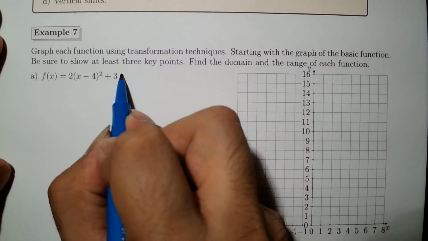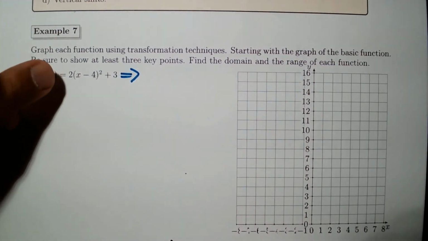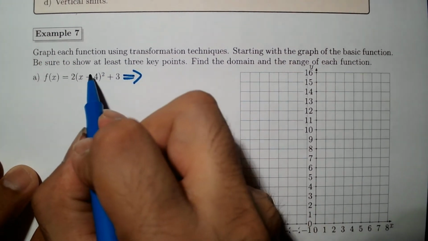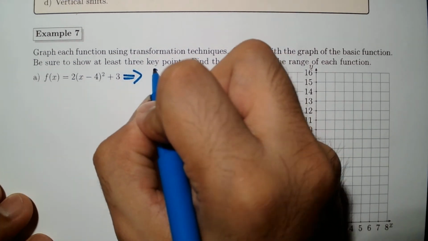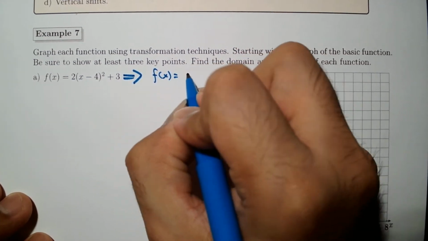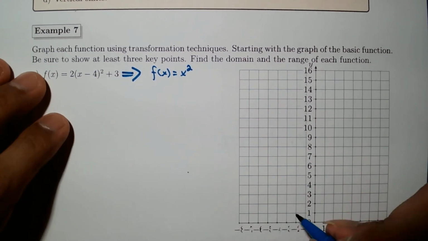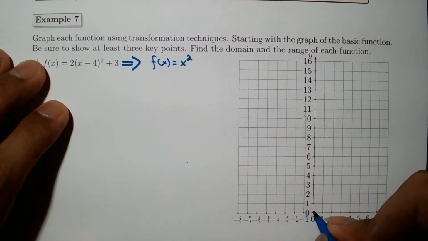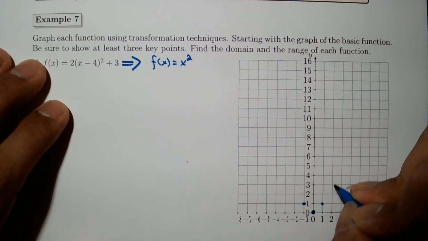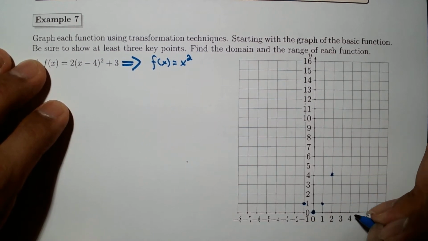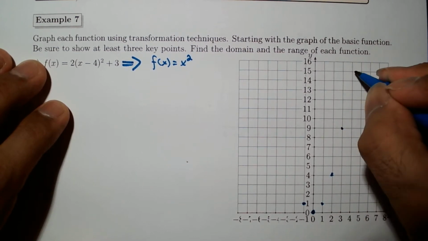So in this case, we are going to graph the function starting with the graph of the basic function. Suppose you don't have these 2, this -4, or this +3. You have the function f of x equals x squared, which I'm going to graph here. I'm going to use this grid: 0, 0, the origin, 1, 1, -1, 1, 2, 4, 3, 9, and 4, 16.